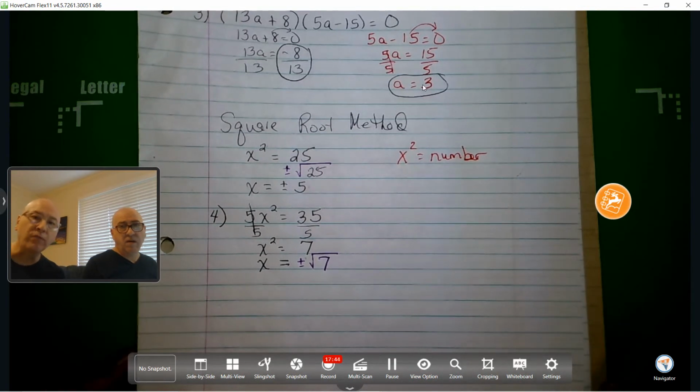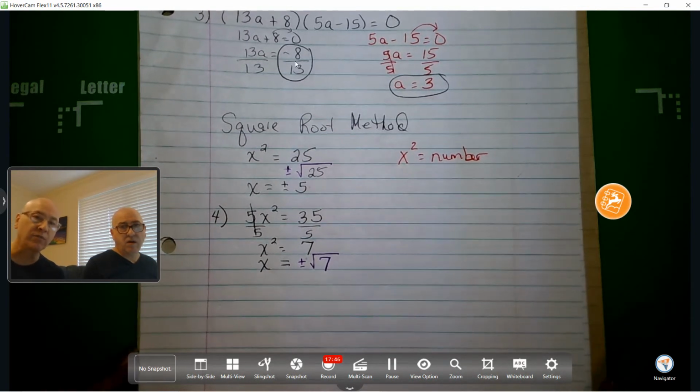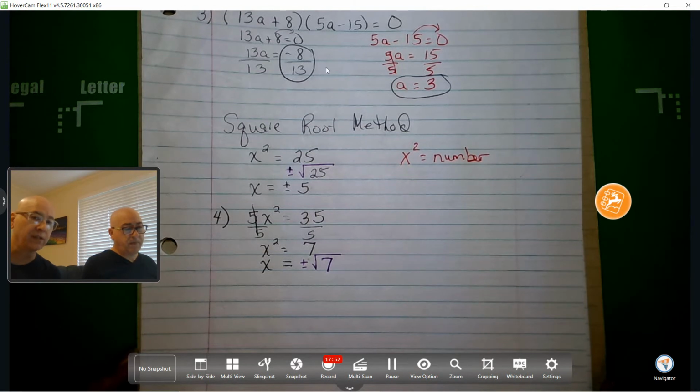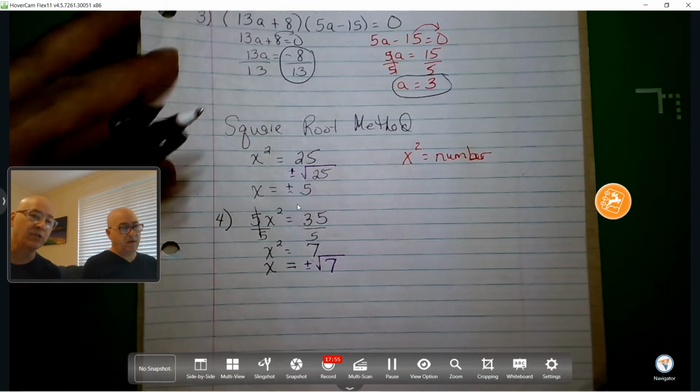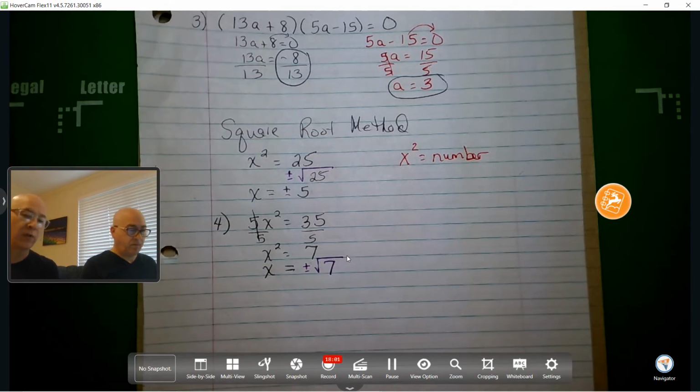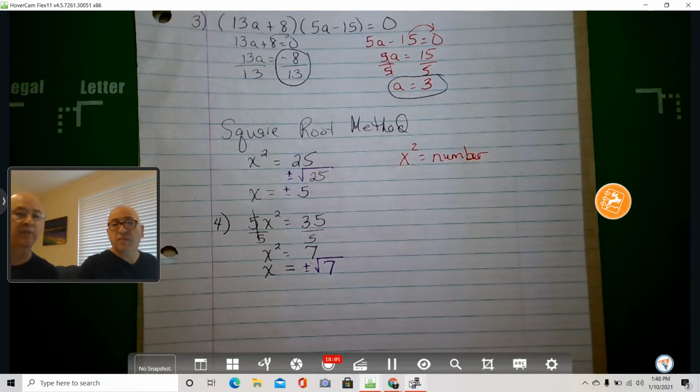When you're factoring, you don't get irrational solutions because there are no irrational numbers inside the parentheses. So here's an advantage to the square root method. It'll give you solutions that aren't just rational numbers. They're not fractions or integers. That'll give us a positive or negative square root of 7.